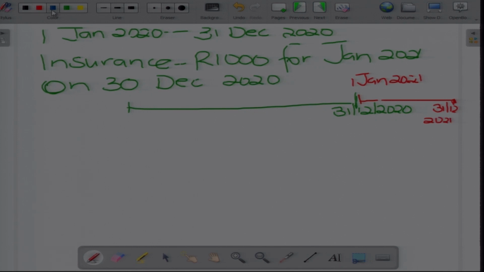Now, what are they saying? They're saying that on the 30th of December you paid 1,000 Rand, but it's only for the next year. Right. So meaning the insurance that you paid is not meant for this financial year. So as soon as it's in the wrong year and it should not be here, we need to adjust it.